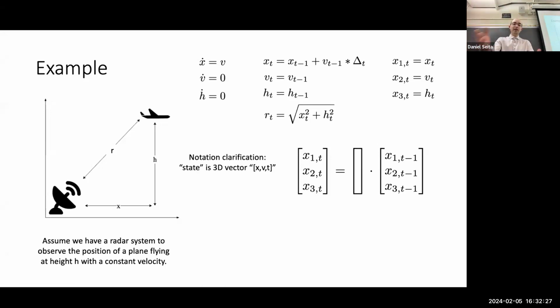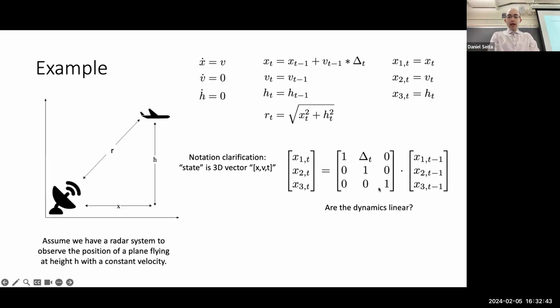So, the notation clarification: the state is our 3D vector, x, v, h, or in this notation, we also use x1 comma t, x2 comma t, x3 comma t. And what goes inside here is this matrix, right?